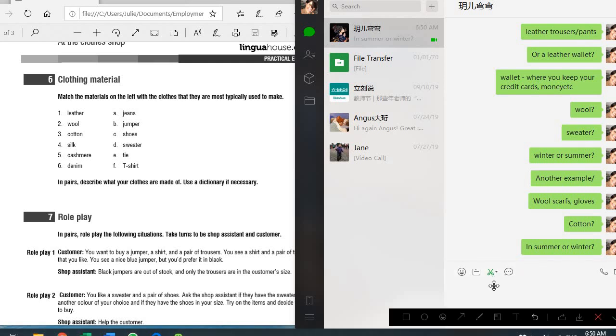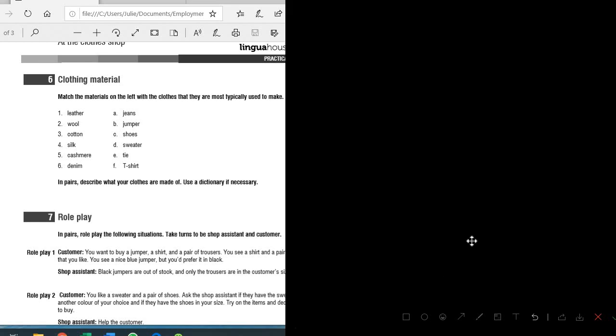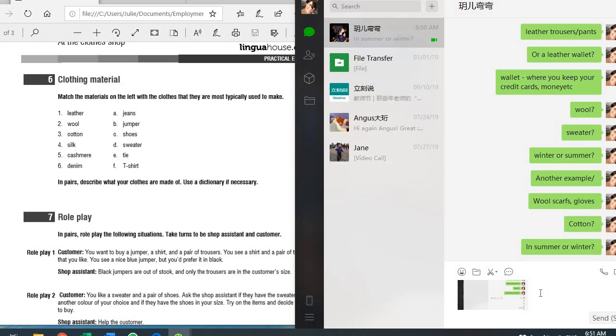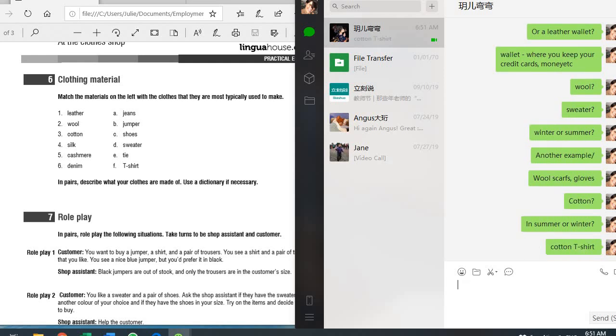I think the cotton in the winter. Possibly. Sometimes in the winter. But usually we wear it in the summer, right? So this might be, for example, a t-shirt, so a cotton t-shirt, right? So t-shirts are usually worn in the summer. Can you think of anything else that's cotton?